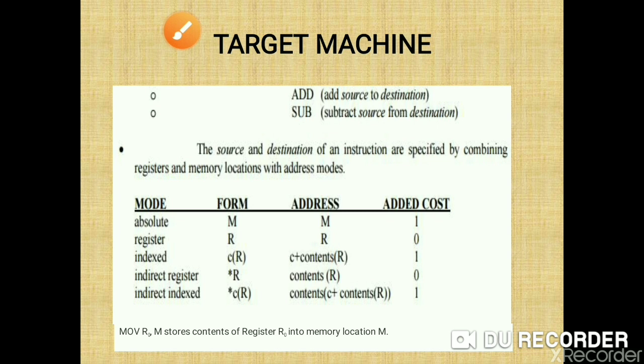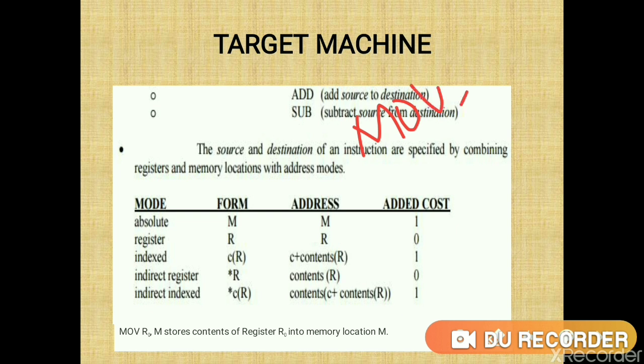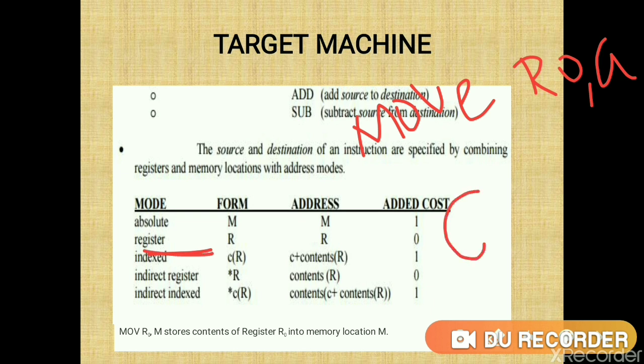Next is register addressing mode. Register addressing mode will give you the address of the register. Previously it was giving the content, now it is giving the address of the register. For example, if you are giving an operation like move R0 comma A, this is an example of register addressing mode. Here the content of R0 will be copied to A. How will it copy that?